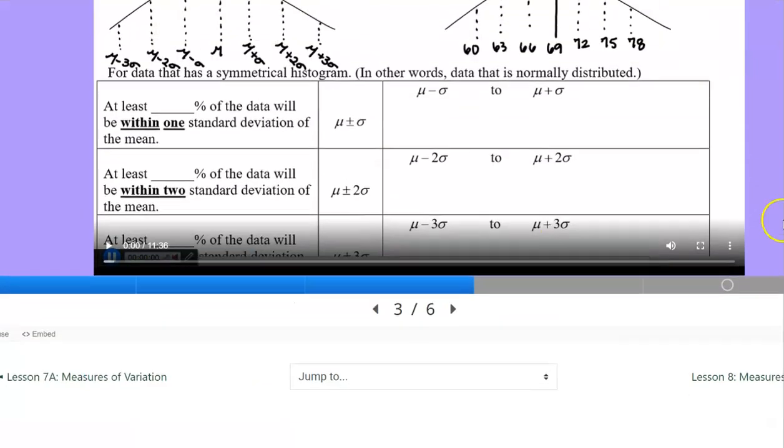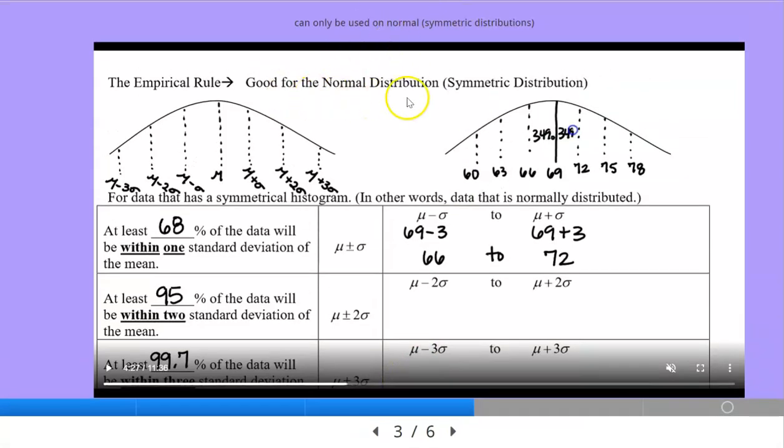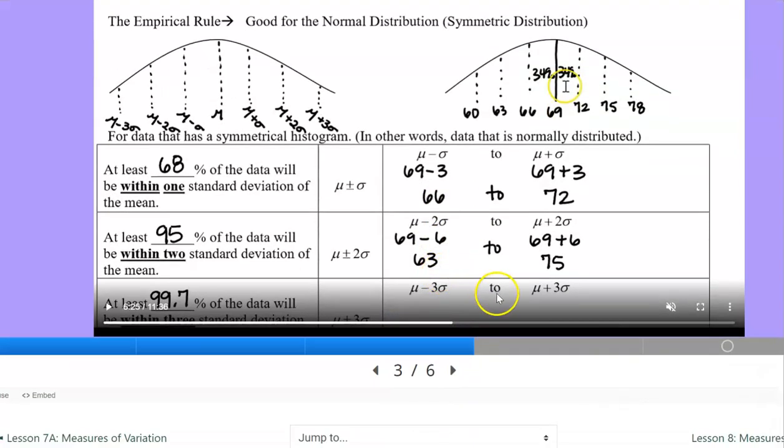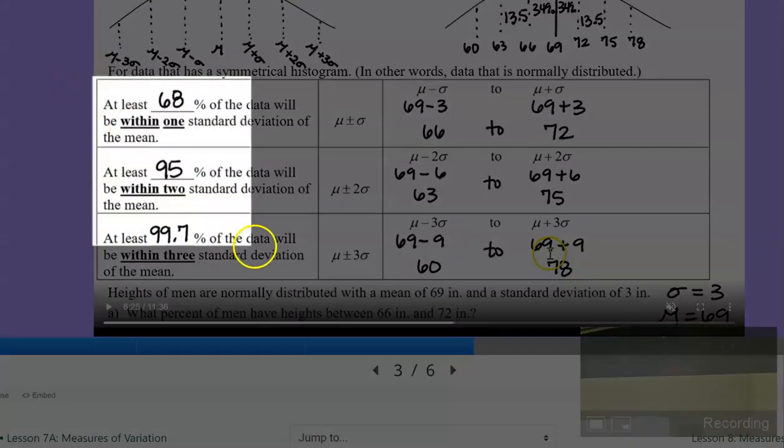What we're going to do now that we do have a normal curve, notice here it says good for the normal distribution, symmetric distribution, so it's all tying in now. We're going to use the empirical rule to help interpret the mean and the standard deviation, and give the percentages for what's between 1, 2, and 3 standard deviations.